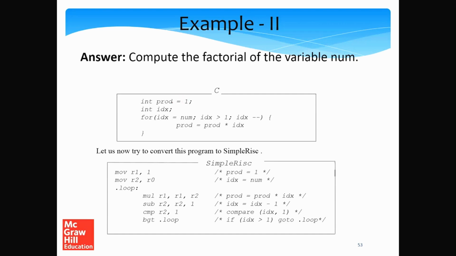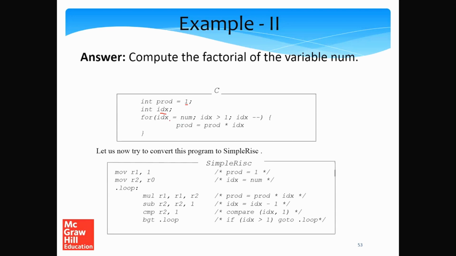To compute a factorial, first we define the product variable, which is initialized to 1. Then we define an index that starts at num, and we assume, for all practical purposes, that num is a large enough number, so we don't have to check for special cases.